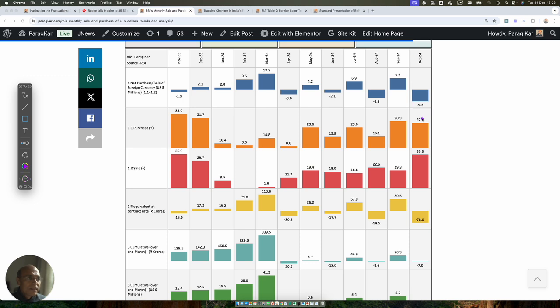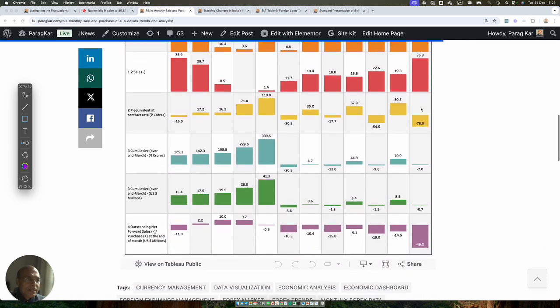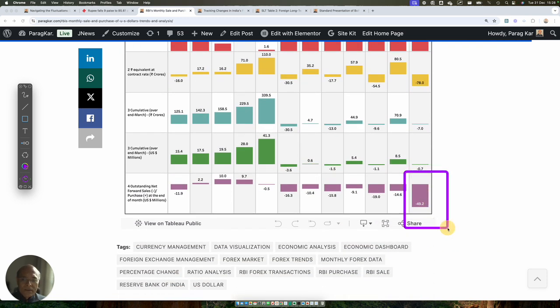So in October there is a sale of minus 9.3 on the spot market by RBI, and the forward sale. This is the forward sale, which is RBI making a bet in the future. Right? This does not expend foreign exchange immediately, but it is the forward sale in the future, which gives an indication of how much RBI is speculating for the dollar to appreciate, and therefore it is intervening in the forward market.